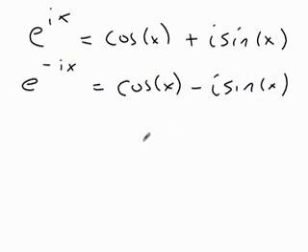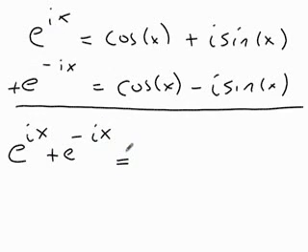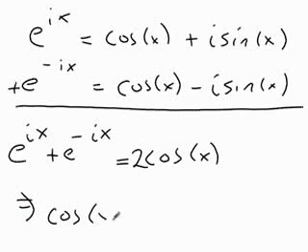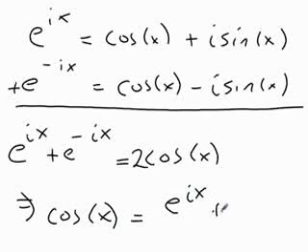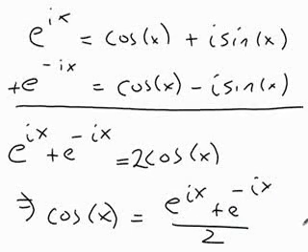Come on, you know you want to do it. Let's add them up. e to the ix plus e to the negative ix equals what? The cosines add up, the i sines cancel out. That means that the cosine of x is equal to e to the ix plus e to the negative ix over 2.